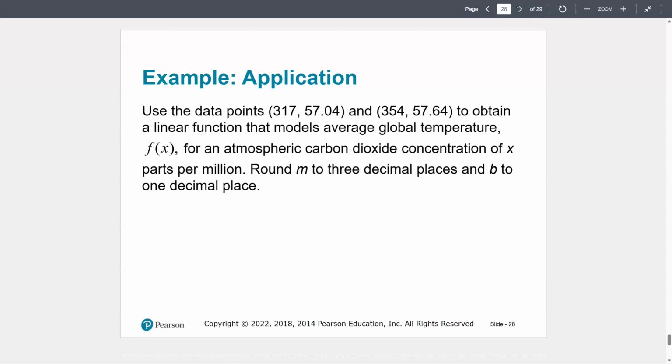Just so we understand what's going on here, we're told that we are looking for a linear function f of x, the average global temperature, and the x value is the carbon concentration.